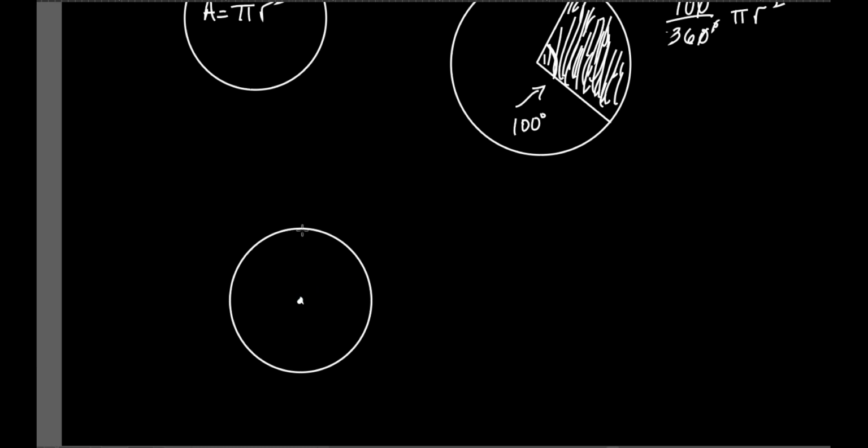Watch this. What if I went from there to there? Let's move it over just a tad. There you go. And what if I went from there to there, and I ask you to find the area of this sector? That is 90 degrees. I should have put the little box right there. Yep, it's 90 degrees.